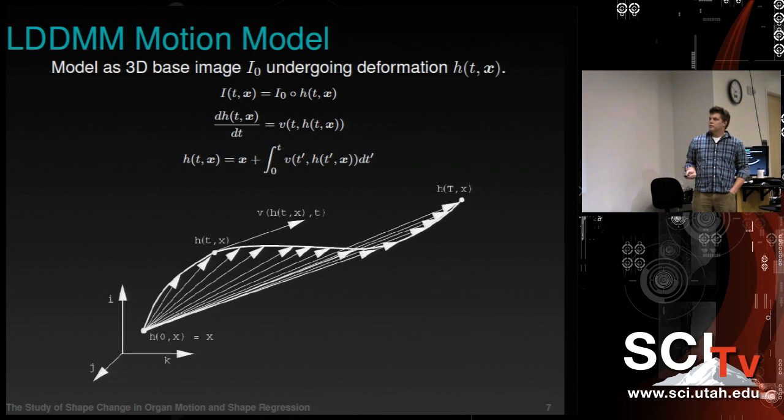So for every point in the anatomy, x, at time 0, it's at x, and at future times, that point's position will be modeled as h_t(x). And the time change of h will be modeled as the velocity at that point at time t. And so the parameters of this deformation are actually a set of velocity fields at every time. They're densely defined in space and time. And the flow along those velocities determines the deformation.